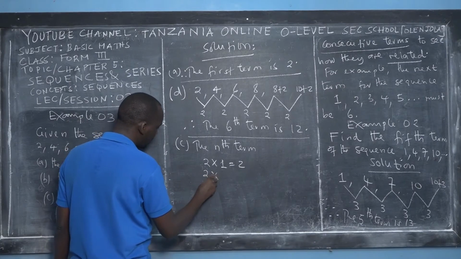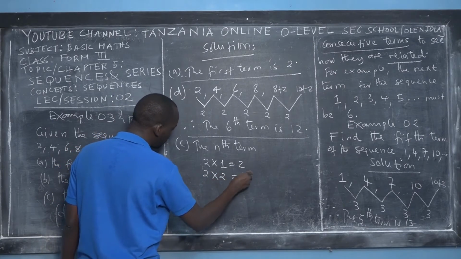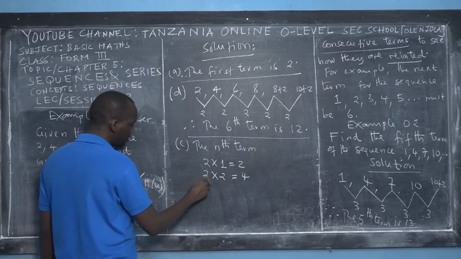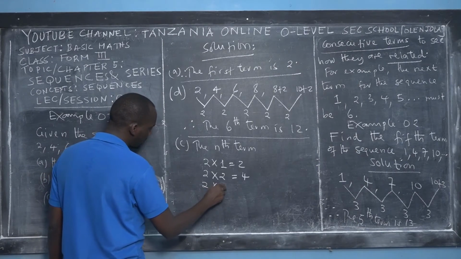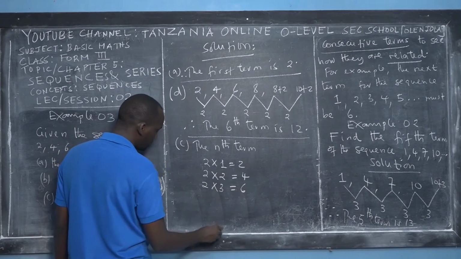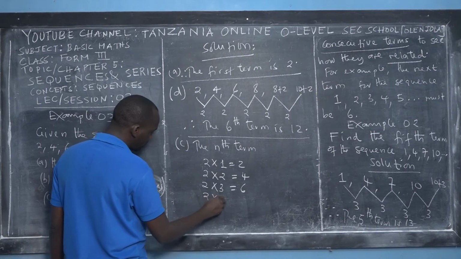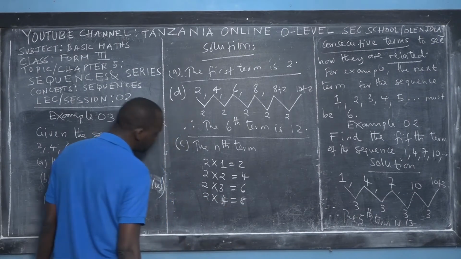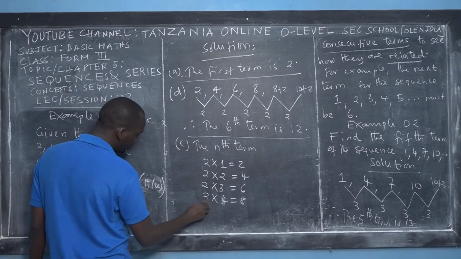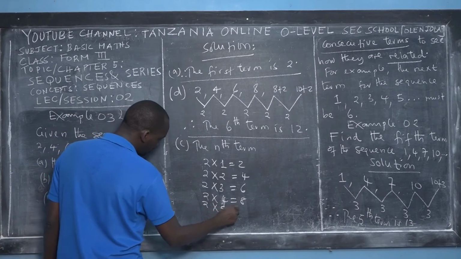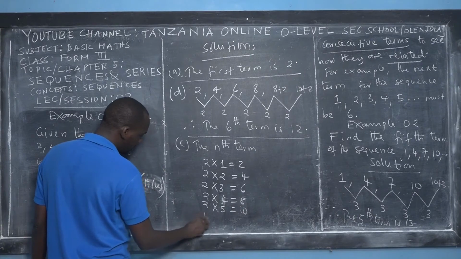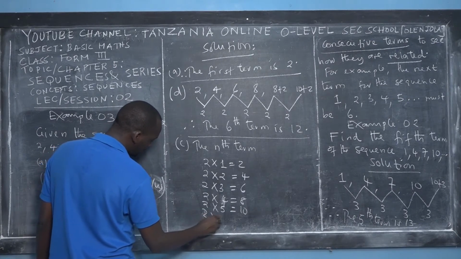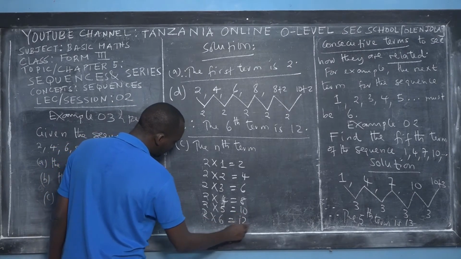Then the second term, 2 times 2, you get 4. Then the third term, 2 times 3, you get 6. Then 2 times 4, you get 8. And the fifth term is 2 times 5, you get 10. And the next term is 2 times 6, you get 12.